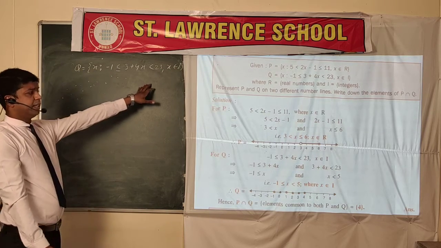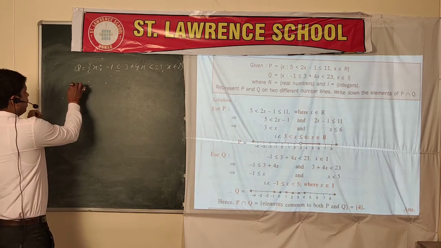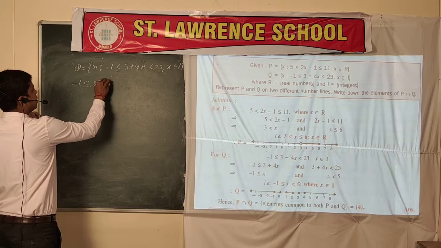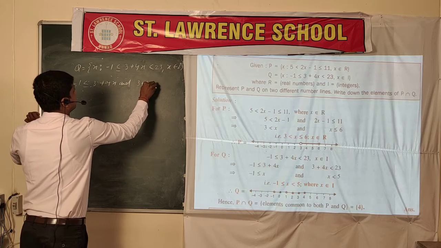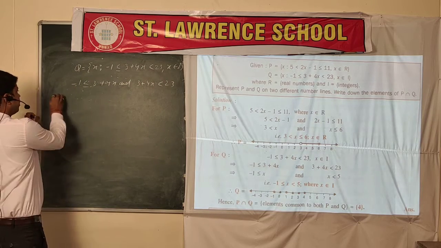Same way, double inequalities are here. We will solve this inequation in two parts. I will write here minus 1 less than or equal to 3 plus 4x, and 3 plus 4x less than 23. Solve them one by one.